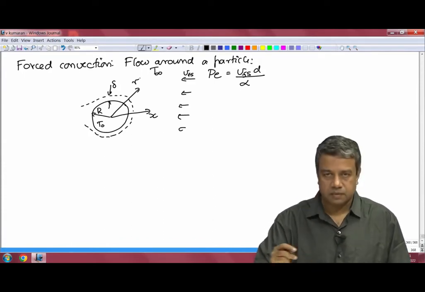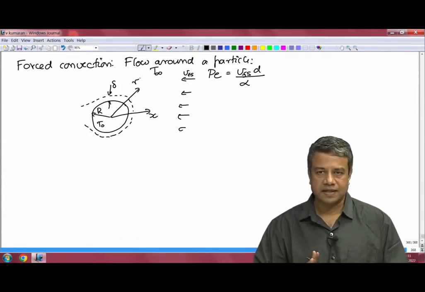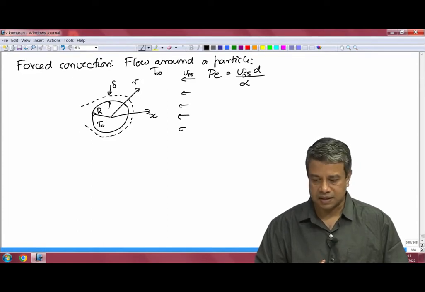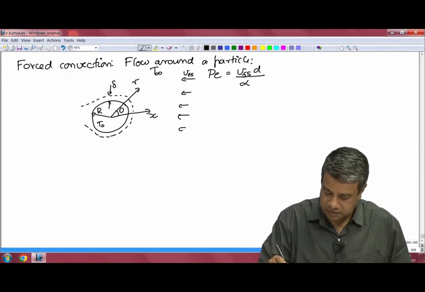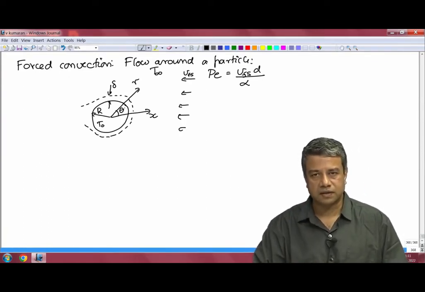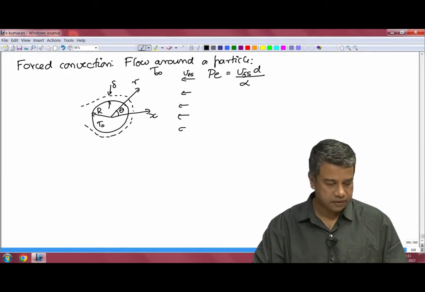Because this configuration is axisymmetric about the x axis, we can use a spherical coordinate system in which r is the distance from the particle center to a location in the fluid, theta is the azimuthal angle. There is a third meridional angle, of course, but there is no variation in that direction.